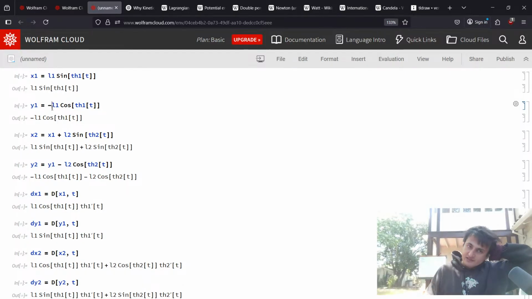But then how far it's been lifted, so the delta y is going to be equal to L minus, or we could write it more simply, L1 minus cos theta 1. So this is how much it's been lifted.